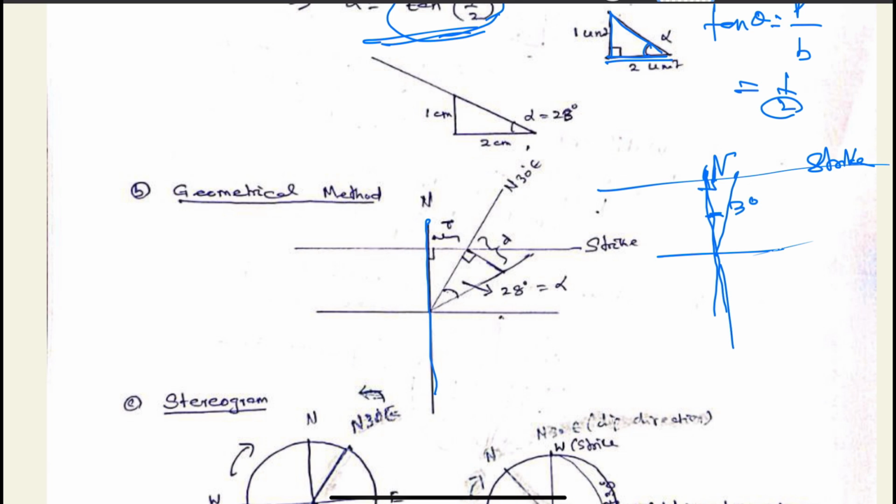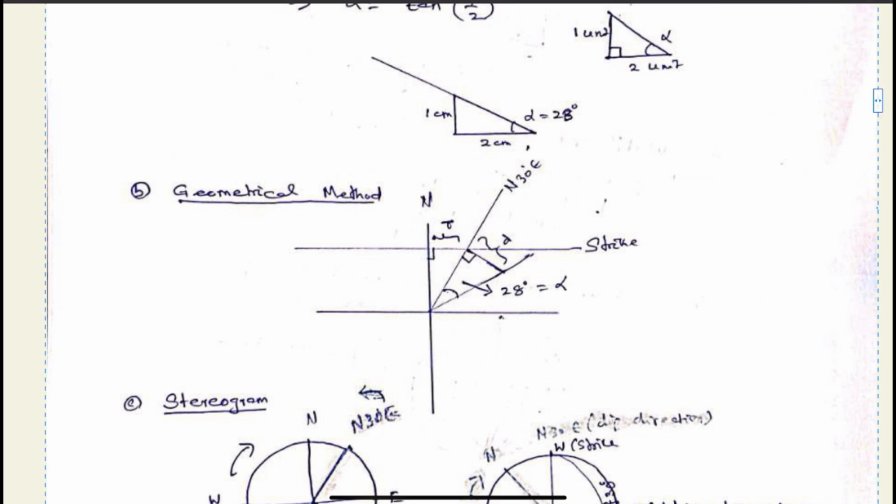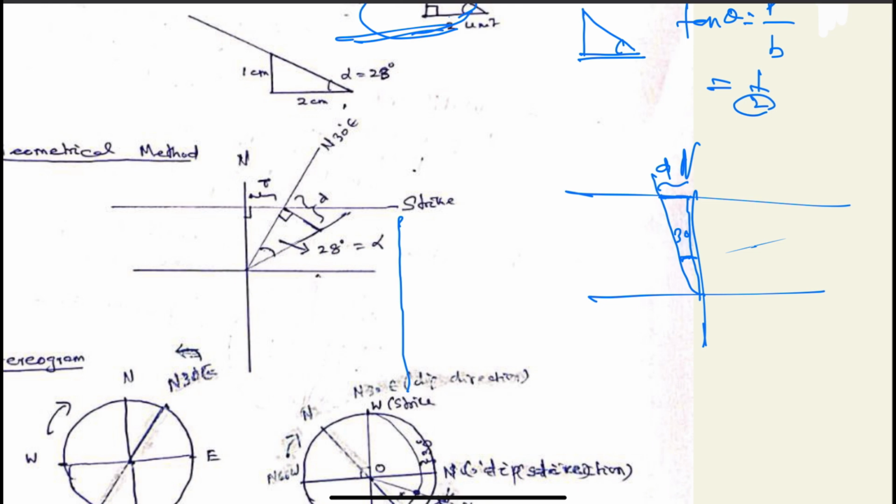For simplicity, let us draw the line like this. This is north, and let us show north 30 degrees east. The dip amount is to this side, and this is the strike. This is the horizontal spacing and this is the vertical spacing, let us call it D. Now we will determine the apparent dip along north 30 east.